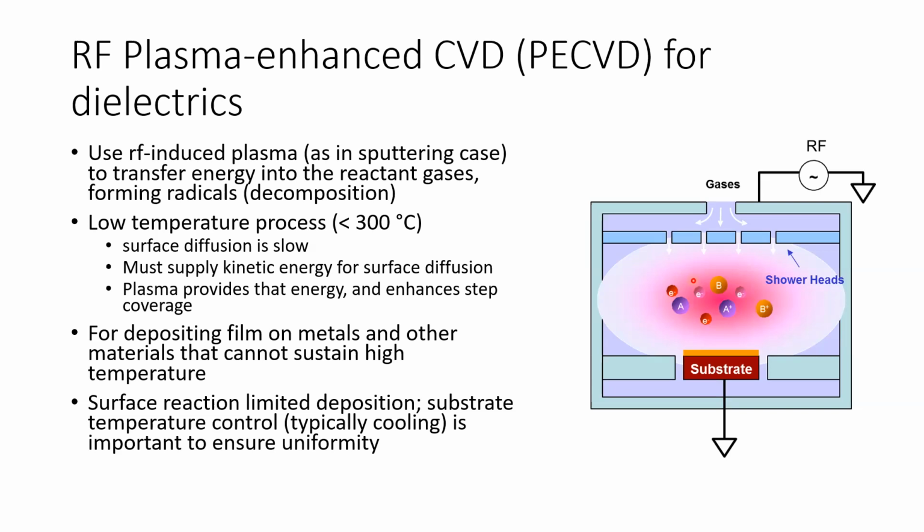So for APCVD or LPCVD, we use thermal energy to activate the reaction process with high temperature. And for plasma enhanced CVD, or PECVD, we use plasma energy to activate this process at low temperature, less than 300-400 degrees C. This process is similar to a sputtering process.